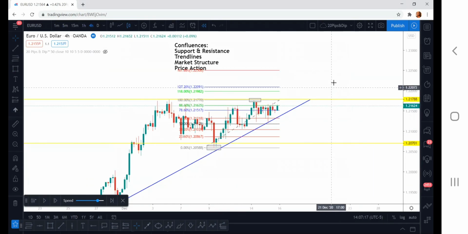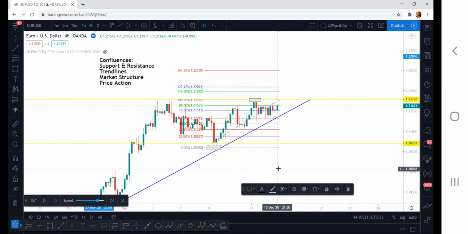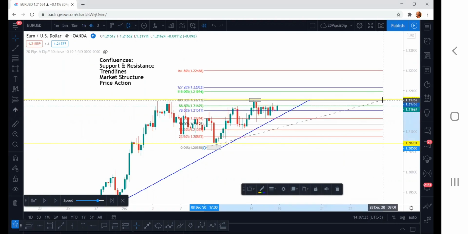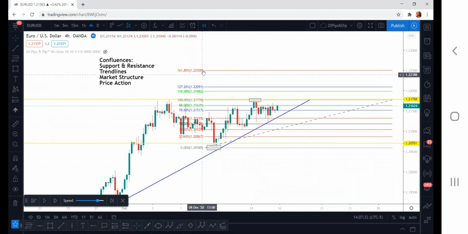I'm going to extend this all the way over to the right. And keep in mind that these extension areas are take profit areas.